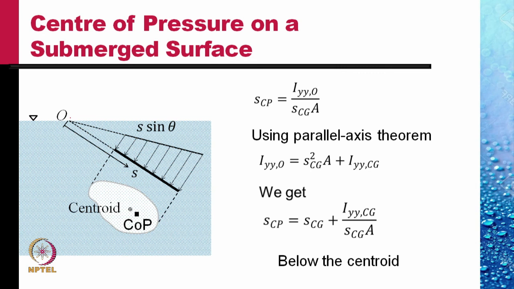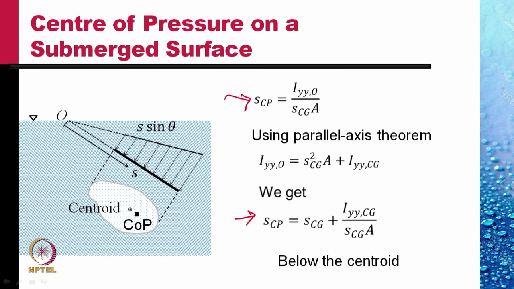The second moment of area about the centroid is the property of the area. Using this in the first relation, we get SCP, the location of the center of pressure, as the location of the CG, SCG, plus IYY about CG divided by SCGA.